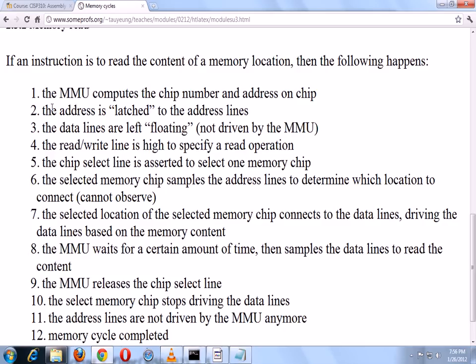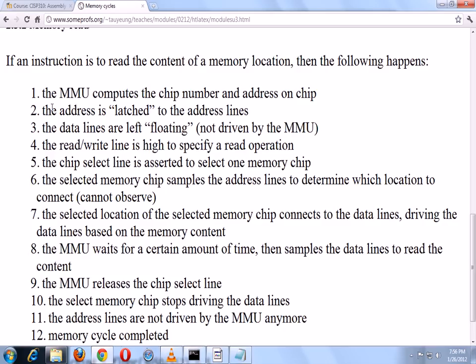For each chip select cycle, it will say, oh, last time it was 490, so this time it's 491. So the processor or the MMU does not need to latch out the address again and again. That's why it can go faster this way, because it is assumed by the memory chip that the next cycle is accessing an adjacent or the next location. So that's why DDR is faster.